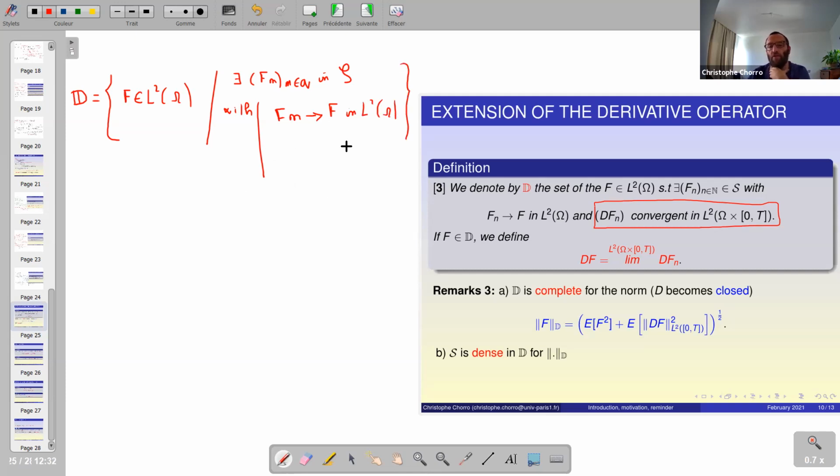If I just put this condition here, I have the whole L2 of omega because it's the density of S that gives me this.